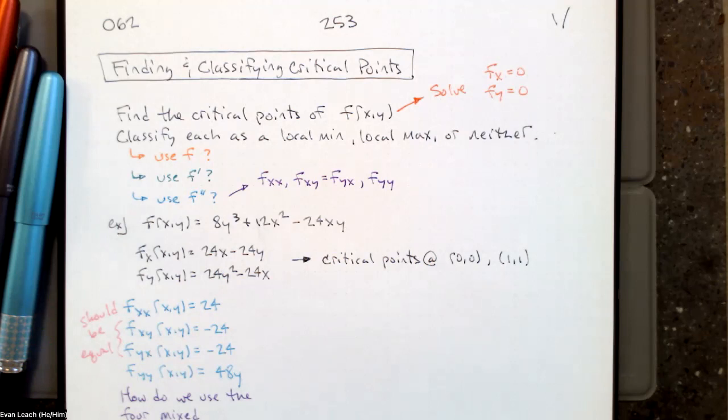So our other option was to use the second derivative and think about concavity. But we're going to have to adapt that as well because we have four second partial derivatives.